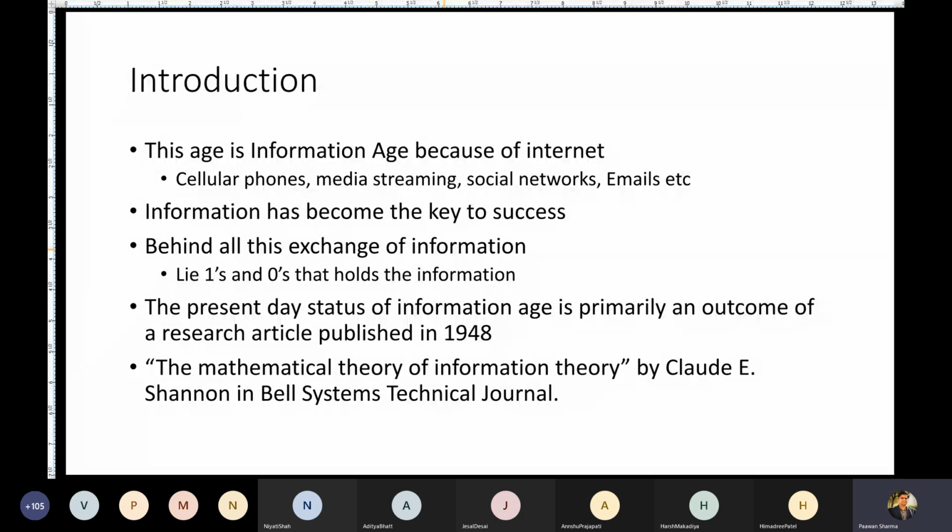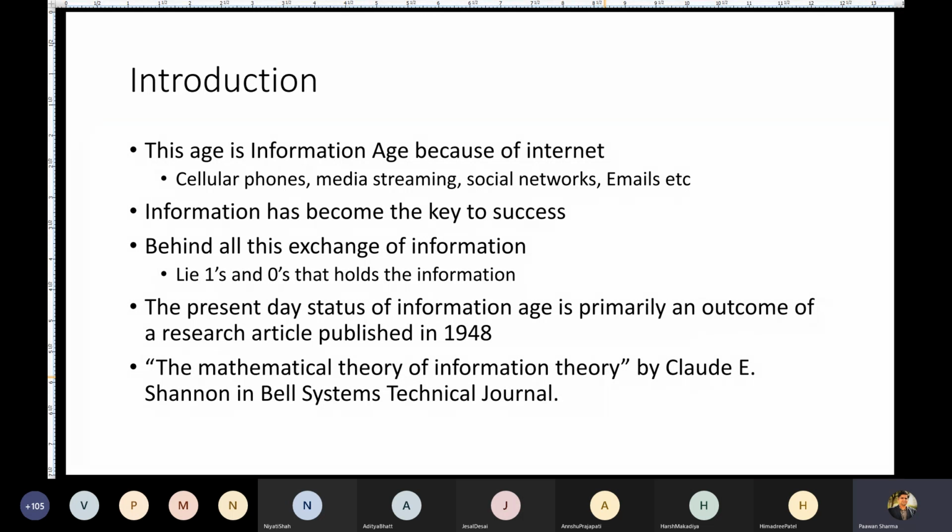The present day status of the information age is majorly an outcome of an article published by Claude E. Shannon in 1948. Claude E. Shannon worked at Bell Laboratories, and published in the Bell System Technical Journal, A Mathematical Theory of Communication. It is like the sacred text when it comes to information theory, and you can see, in 1948, very old.